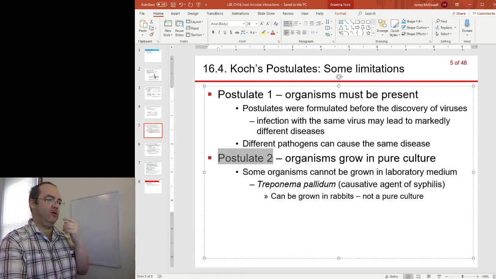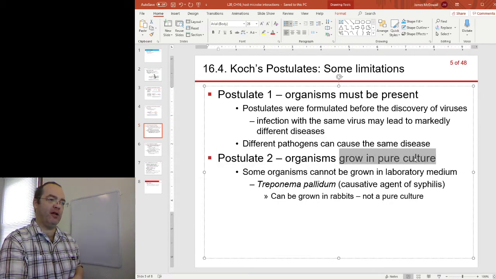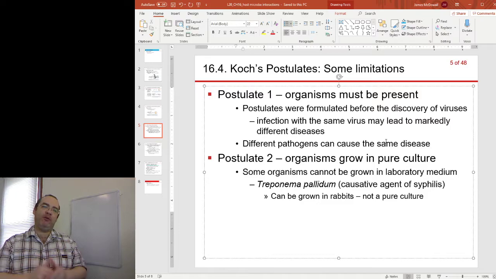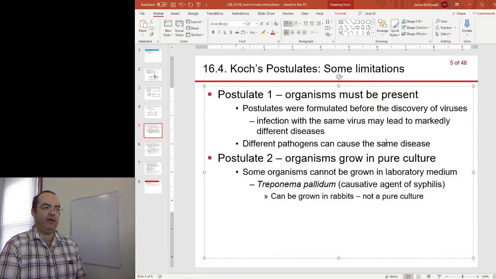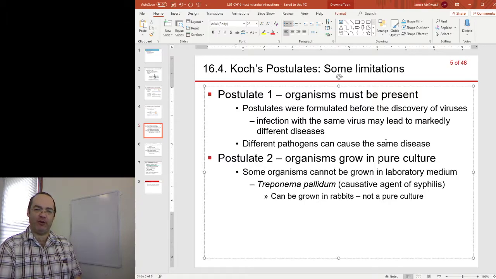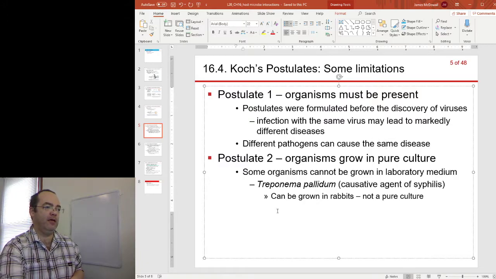Postulate number 2, organisms must be grown in pure culture. This is a big problem because most organisms can't be grown in pure culture. They can't be grown in laboratory media. They need complex environments. Most likely they need to grow in a biofilm. Take Treponema pallidum, which causes syphilis.